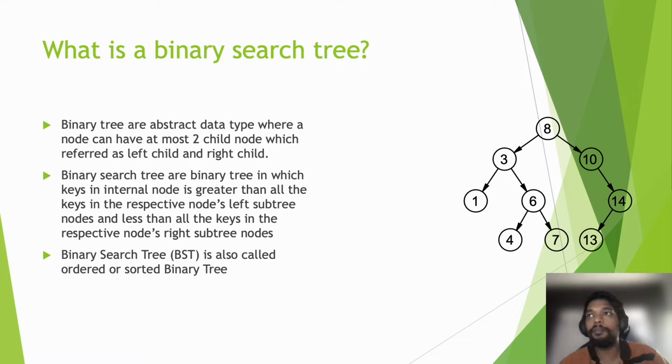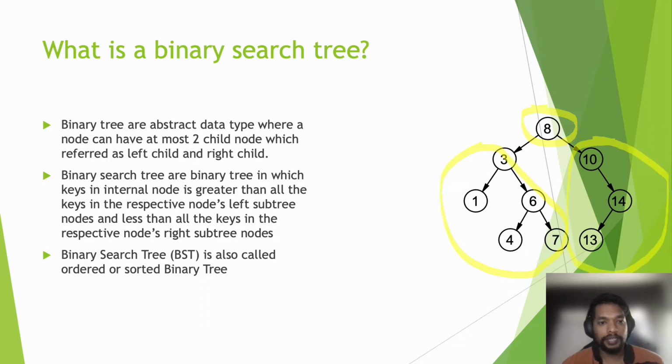As you can see in the picture, the nodes on the left side are less than the root node 8, while the values on the right side are greater than 8. This specific condition is called a binary search tree, and we will be going through this particular tree as an example throughout the video course.